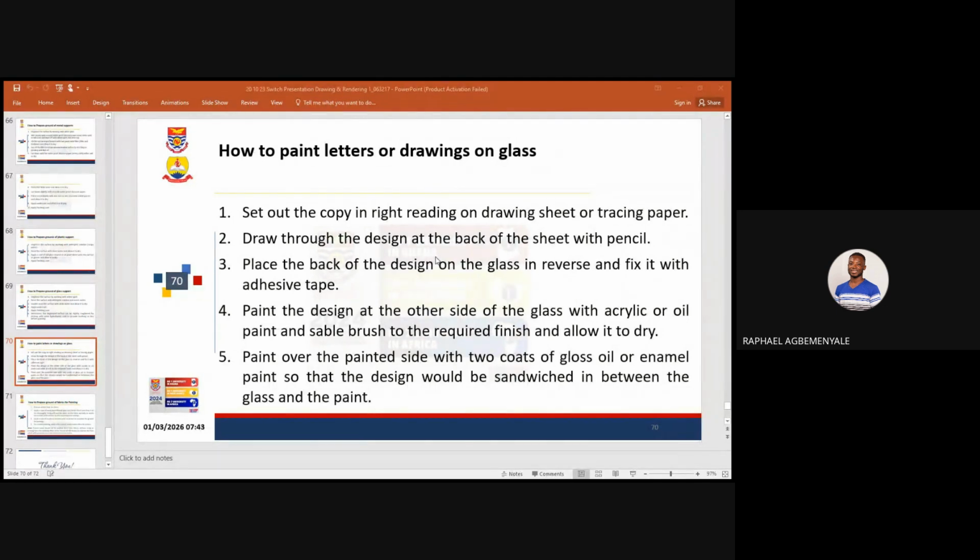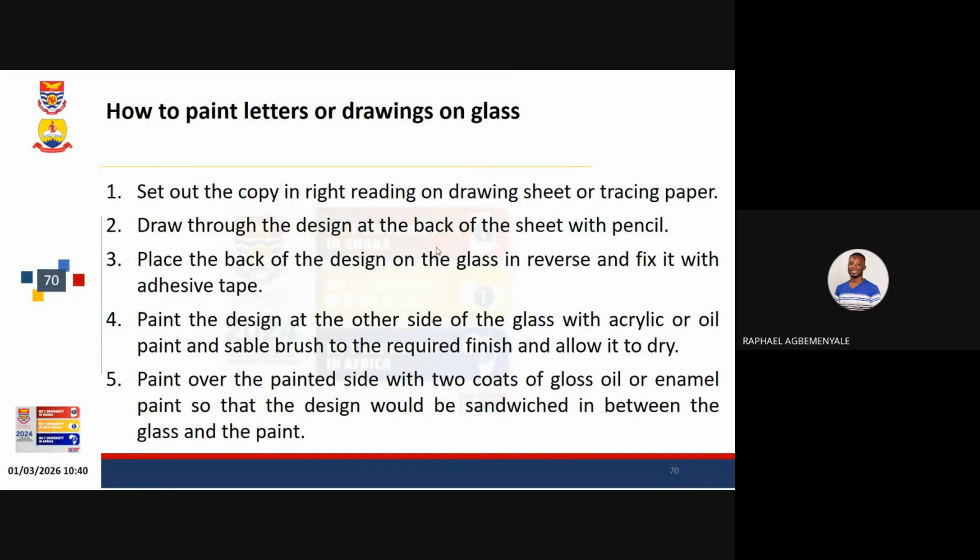Now the second one, draw through the design at the back of the sheet, means that after you draw, before you transfer, you turn the paper upside down, because you can't just draw on a glass on a flat surface. You want to see through it. So maybe you turn the paper upside down onto the glass. After that, you transfer the image, tracing through the sheet. It's like you are transferring the image in reverse. Or what do you think?